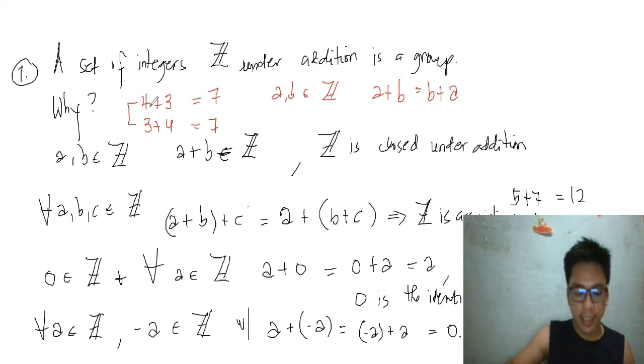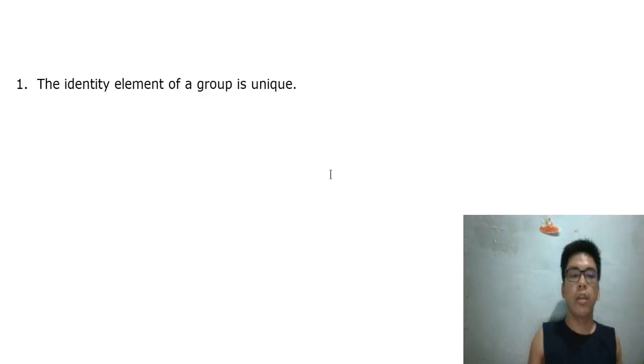That's it. Since we are talking about the abstract discussion of a group, in fact, the basic abstract discussion, I'm going to provide you the properties. These properties are actually theorems and are pretty basic, present in the study of group theory. Number one, the identity element of a group is unique.